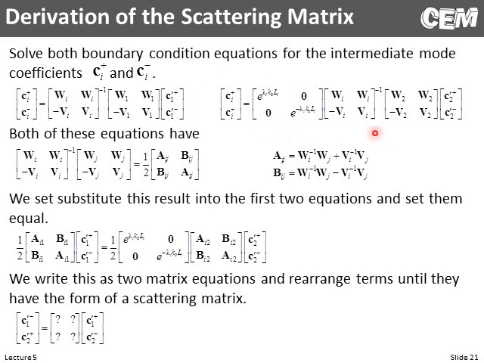We took our second equation that enforced boundary conditions at that second interface, and we solved for the mode coefficients in the ith layer. So now we have two equations solved for C sub i. So we can set these equal now. And so when we do that, we've eliminated the C sub i coefficients. Then we can manipulate this to get it in the form of a scattering matrix.